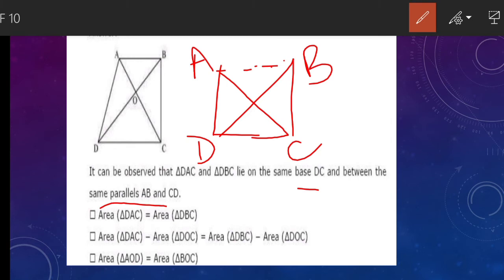So the areas of the two triangles are equal. Now from these two we are going to subtract DOC. So from the area of DAC we subtract DOC, and from the area of DBC we subtract DOC. We are left with area of AOD and area of the triangle BOC are equal.